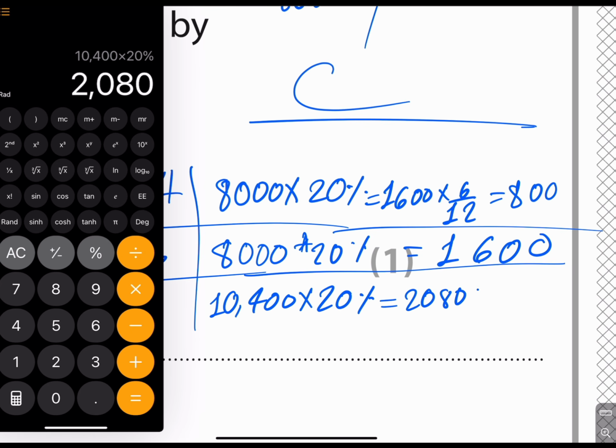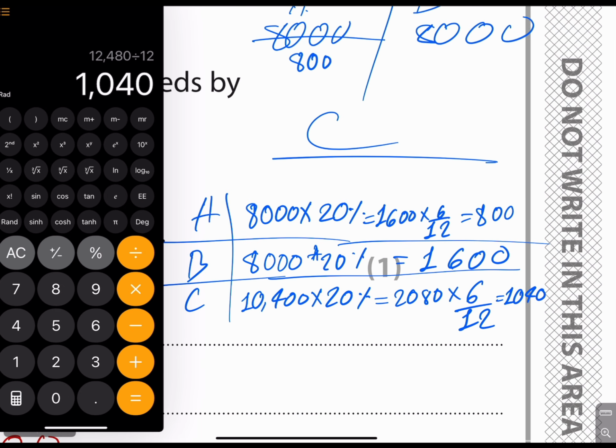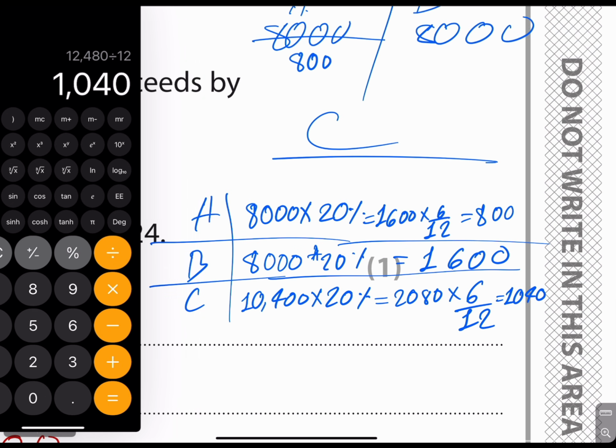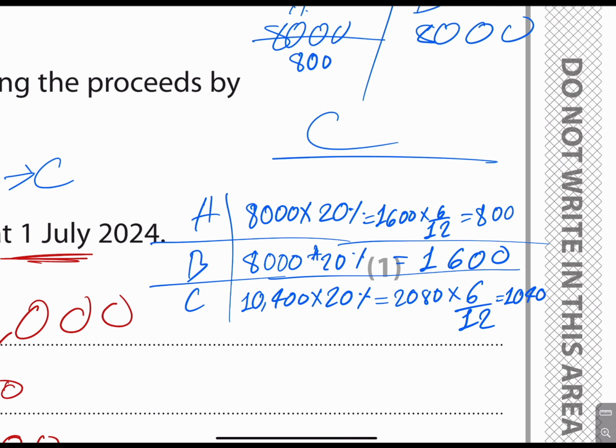Now we have used it for only 6 months, so 6 by 12. It's 1,040. I hope you're all clear with this now.